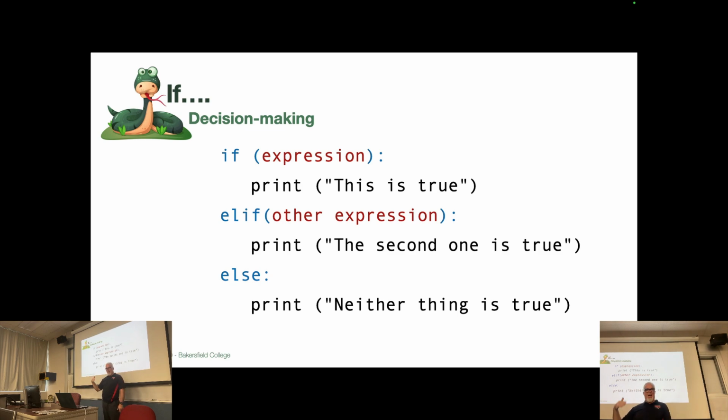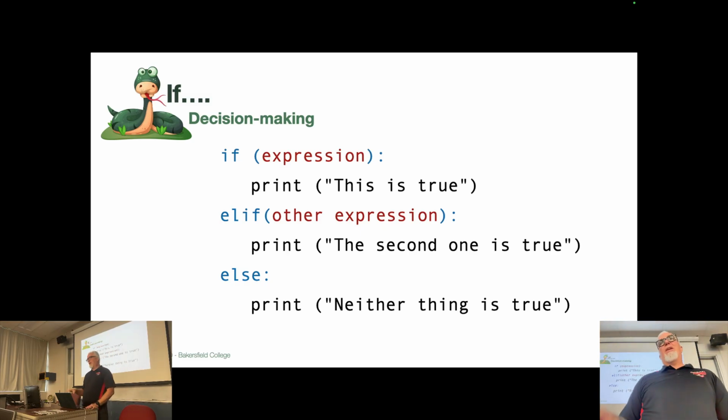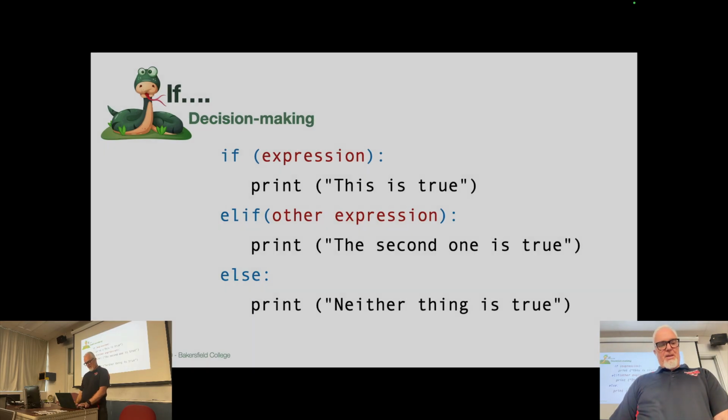If I have an if and an else, it'll either do one or the other. If I have more things, more options, right? More other expressions, I can have as many elifs as I want. Each one of those statements with the colon at the end, right, has to have a code block associated with it or you will get an error.